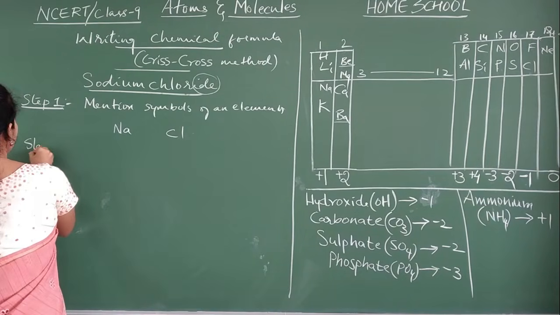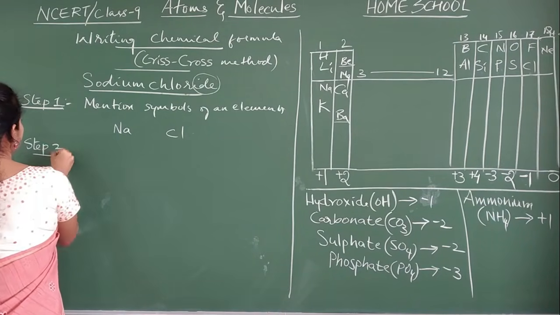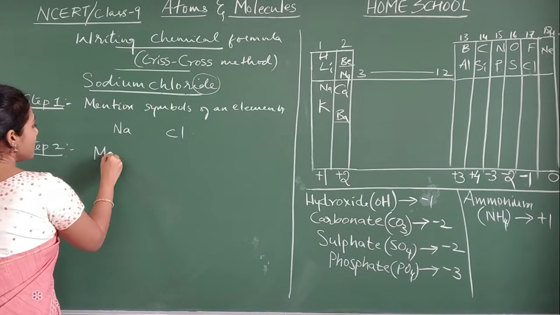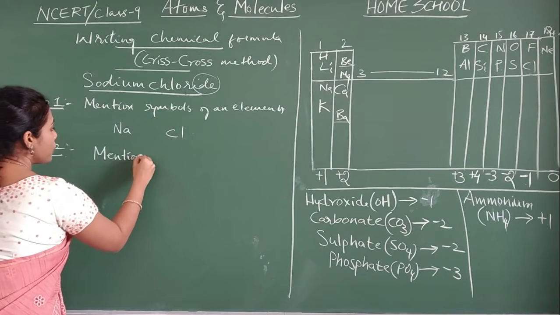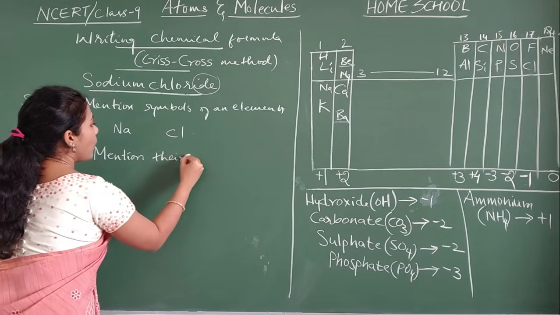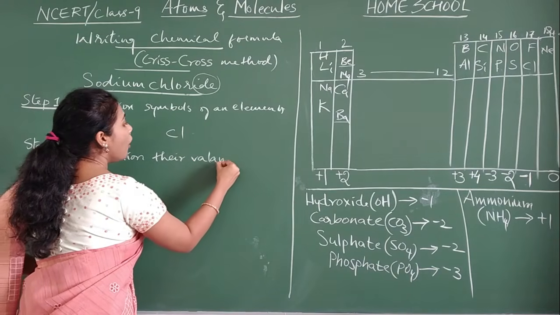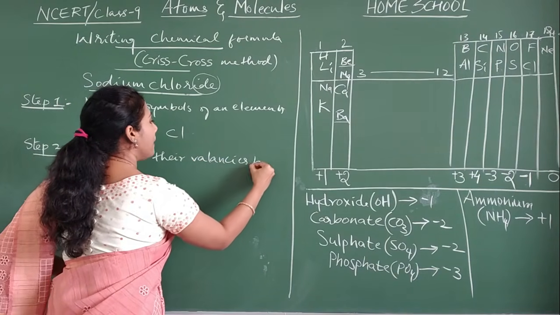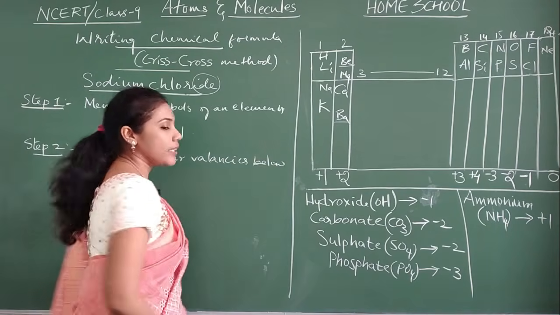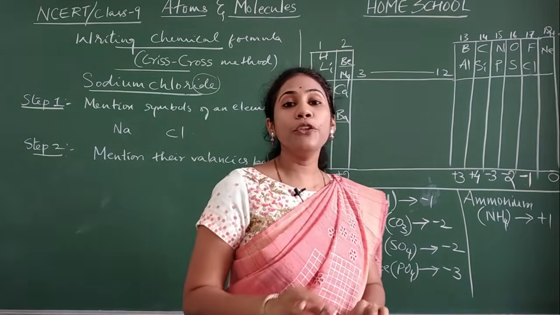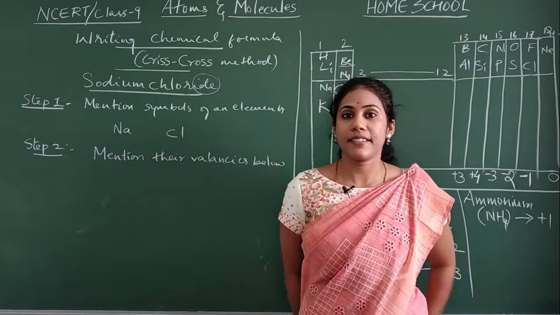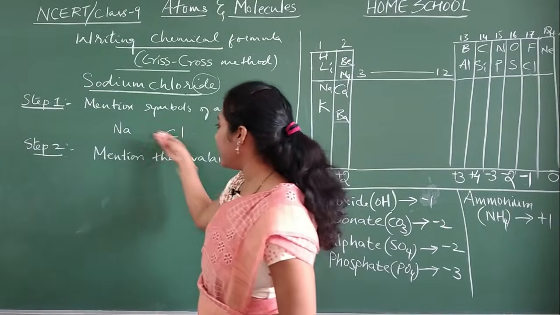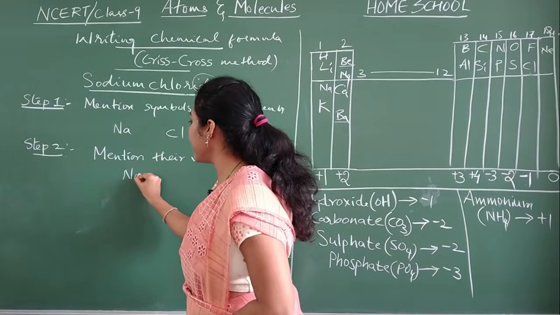Step number 2, mention their valencies or charges below. Below the symbol you have to mention the valencies. So how do you do it? I'll write the symbol once again.